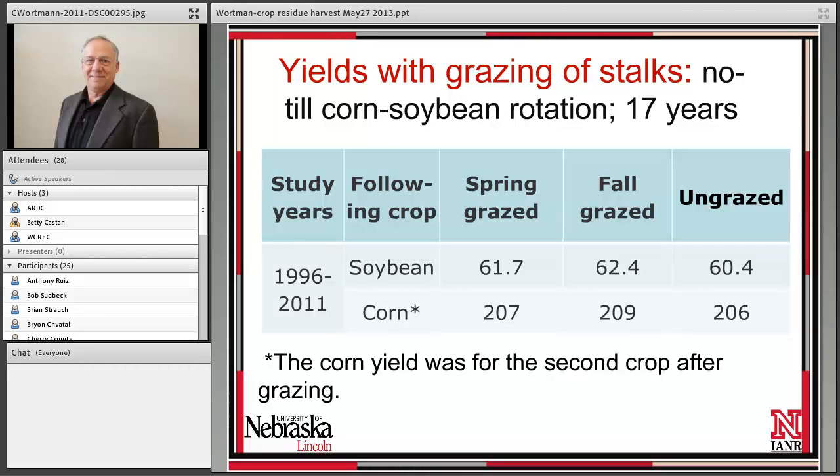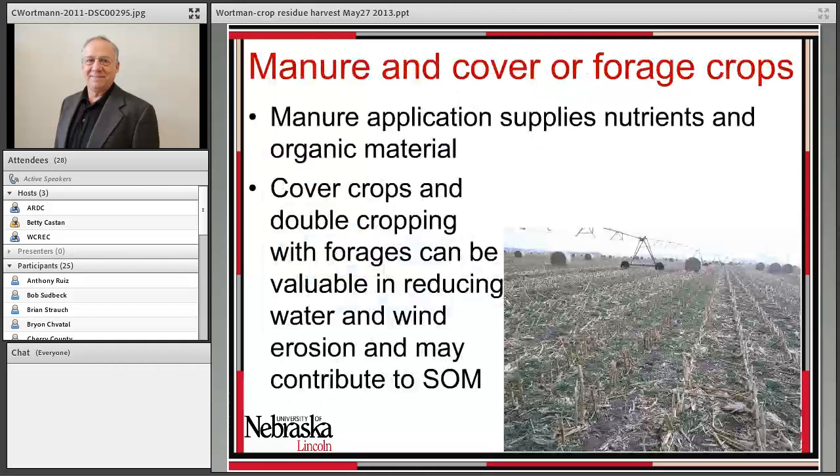And then corn came the year after the grazing, and we see no effect there as well. So with the evidence available to us, it does show that no-till and grazing are compatible and maybe even favorable to yields.